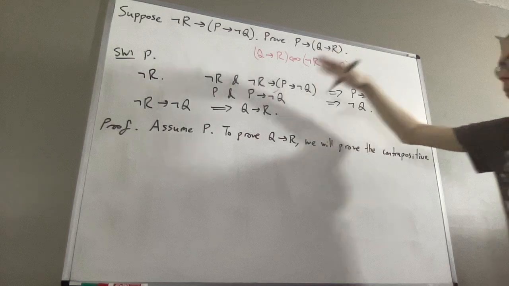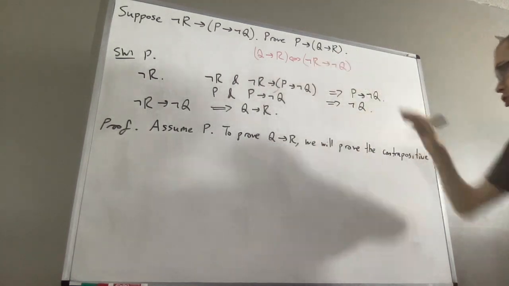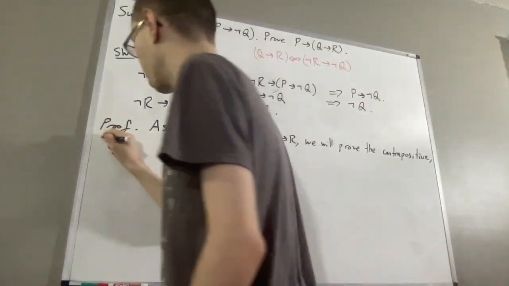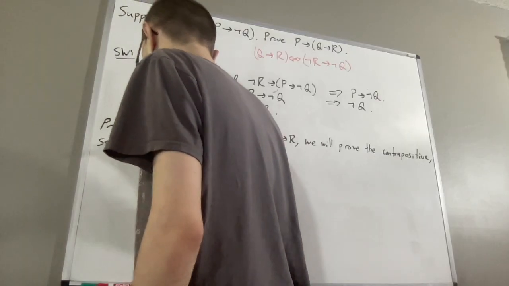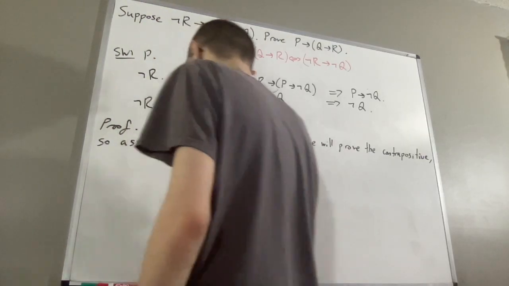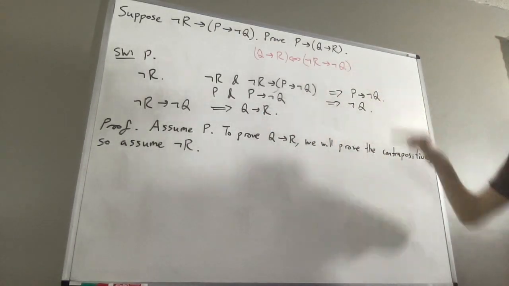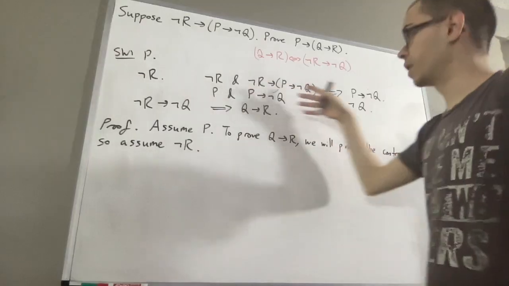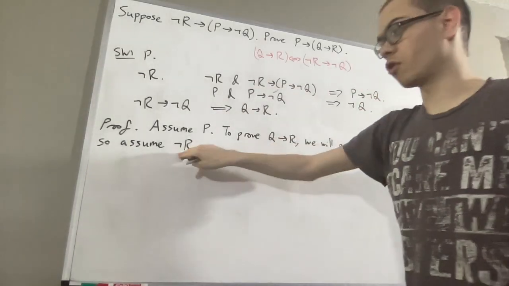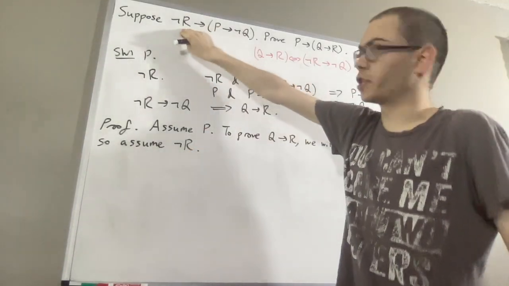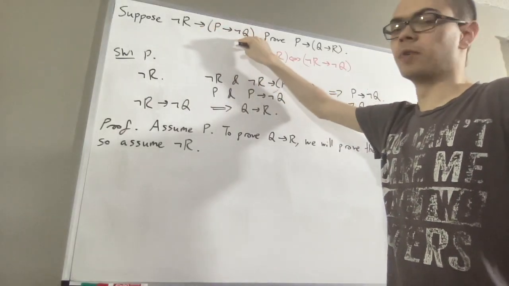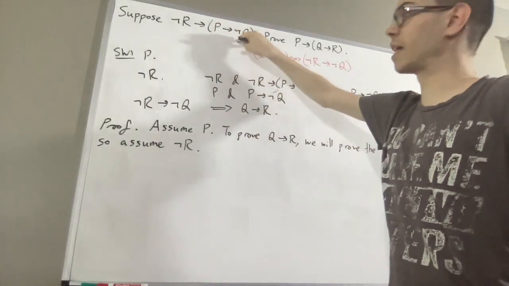And the way we did that was we make the assumption that not R is true. So we're going to say, so assume not R. From here, we're going to logically deduce that not Q is true. So following what we did in our scratch work, since we know not R is true, and if not R is true, then this statement is true, that allowed us to conclude that this statement is true.